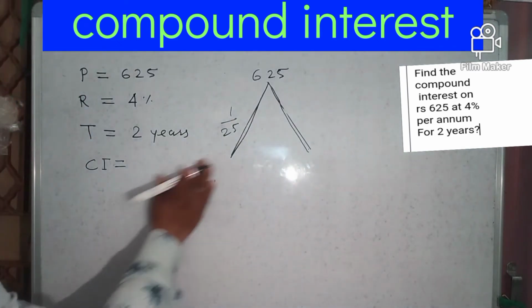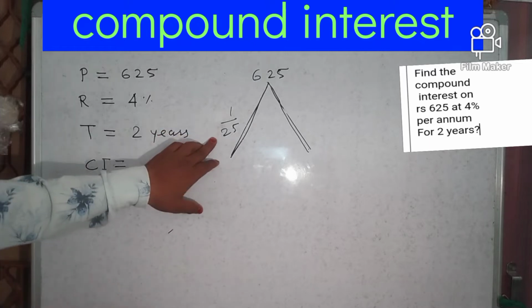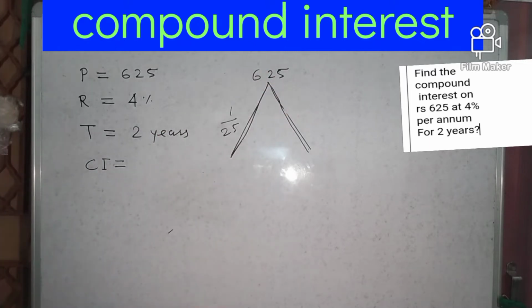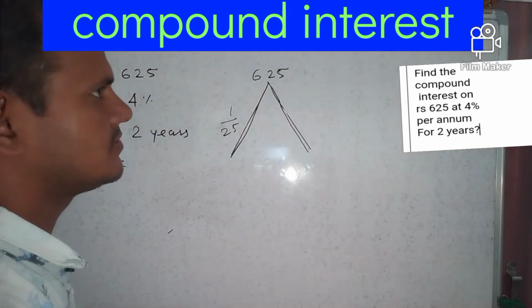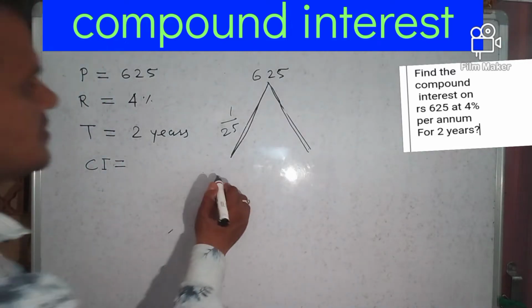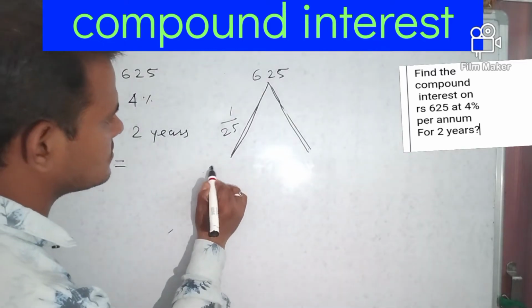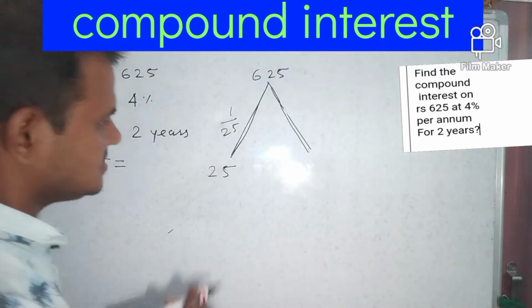So if we take 1 by 25 of 625, it will be 25, because 25 times 25 is 625. So the first interest is 25.